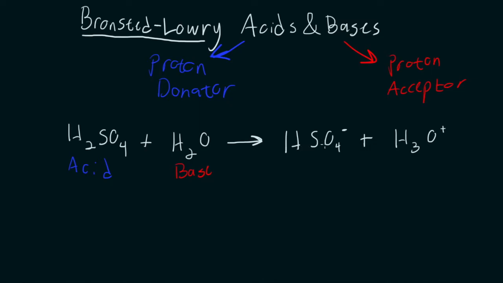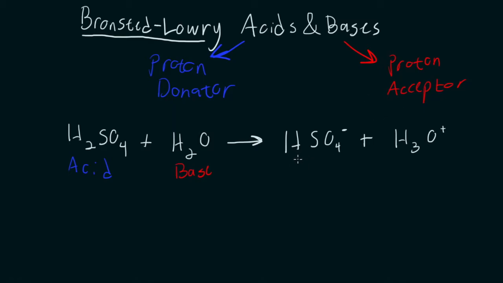But what about this other side? Is the HSO4-, is that still going to be an acid? Well, the thing is, when it gets to the other side, this HSO4-, it could theoretically pick up that hydrogen again. This H3O+, if these two slammed back into each other, this HSO4 would pick that proton back up. And in that case, it would be the proton acceptor.